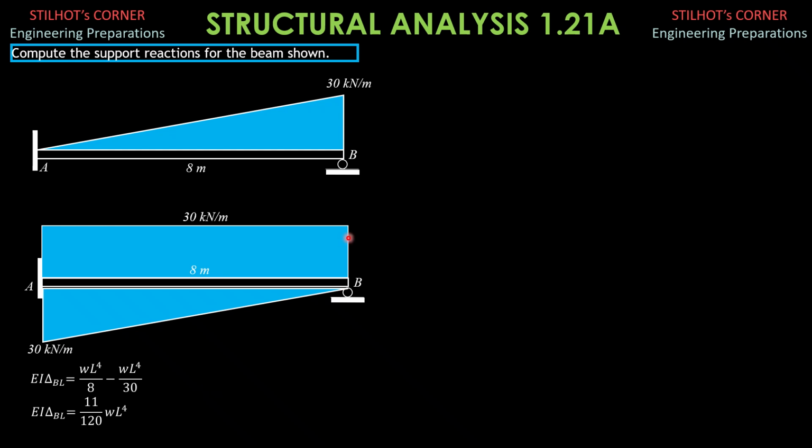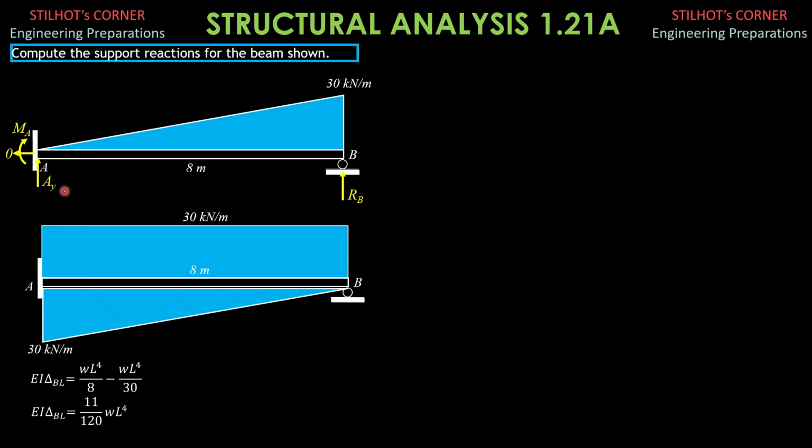Now, due to the concentrated load at B, the reaction at B will deflect up. So due to the reaction, by the formula PL cubed over 3, since P is RB, it is RB L cubed over 3. So that is RB. Then we have AY. AX is 0, of course. And moment at A, let's assume positive, so it is clockwise.